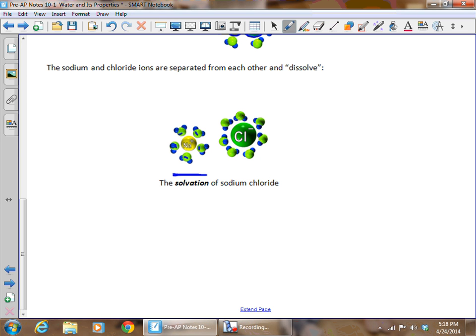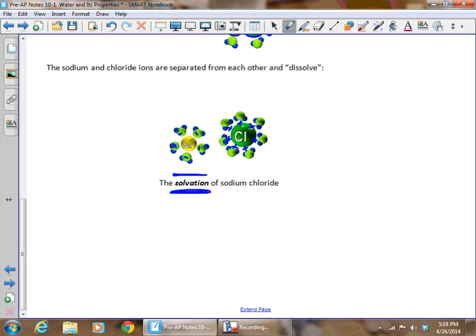And the positive end of those water molecules, the hydrogen ears, if you will, are attracted to and surround the chloride ion, which in essence splits apart those ions and dissolves them. It is called solvation. This is the solvation of sodium chloride.